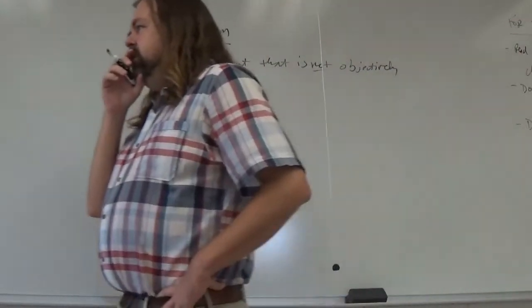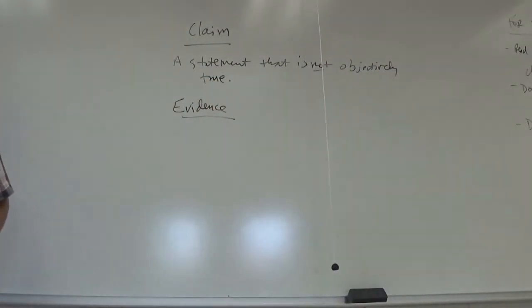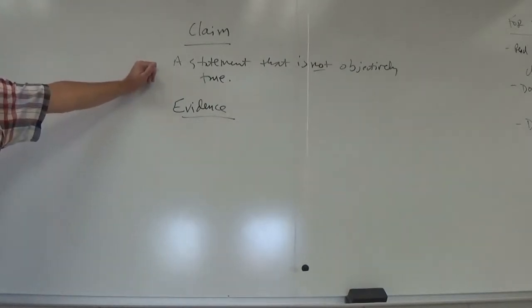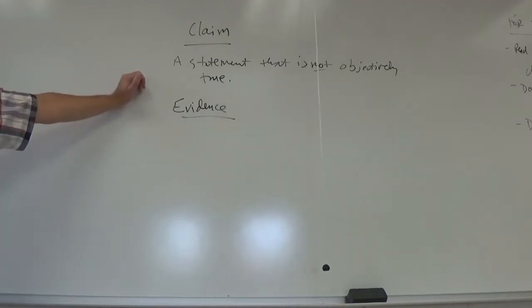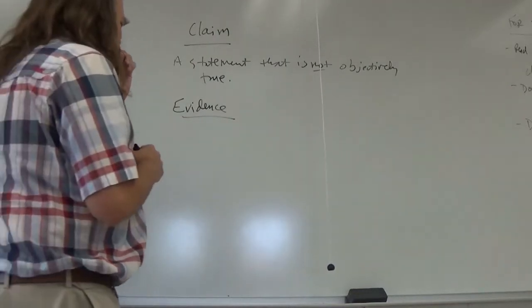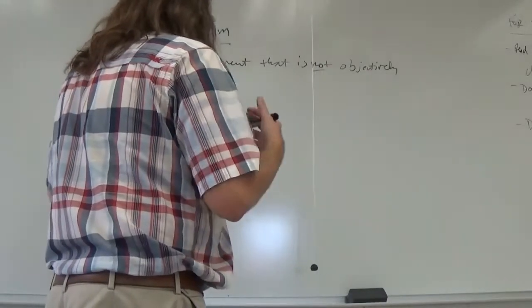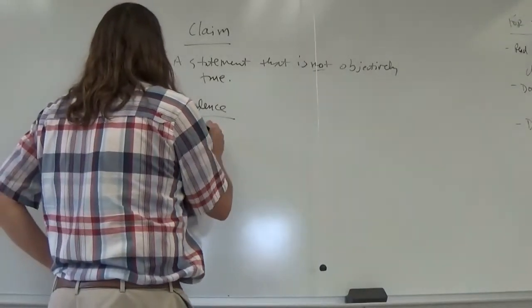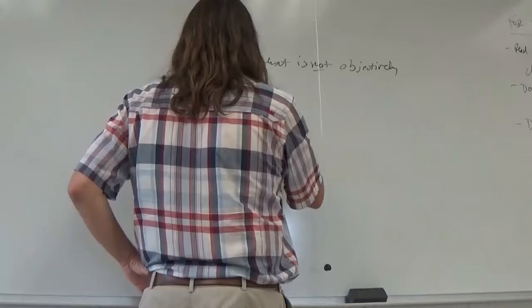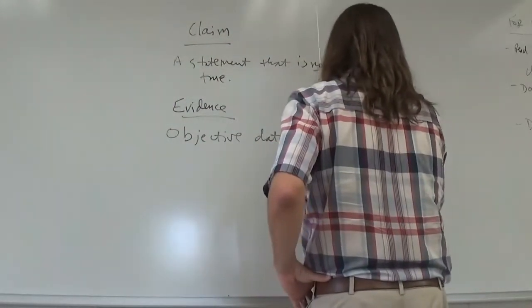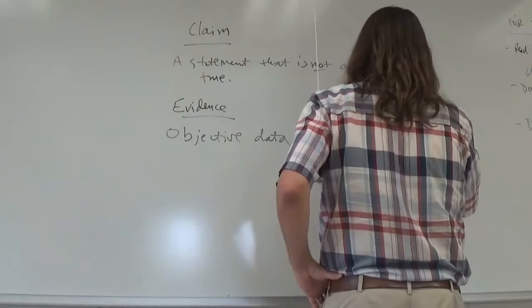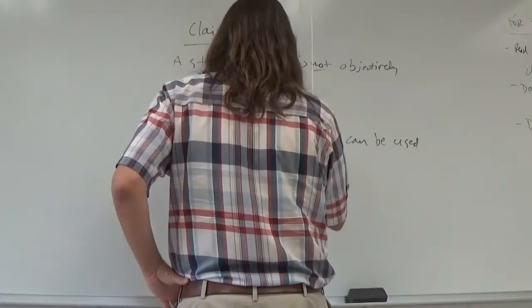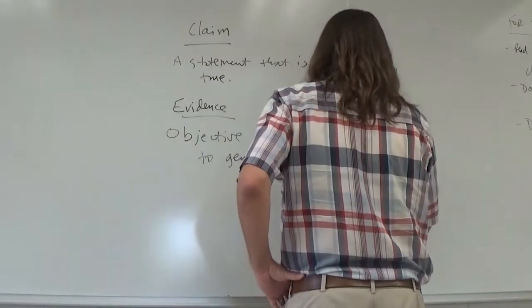I think that, again, you're on the right track, but I want you to try to not so much think about evidence as something that you use to support a claim, but as something you use to generate a claim, right? So, evidence is objective data that can be used to generate and support a claim.